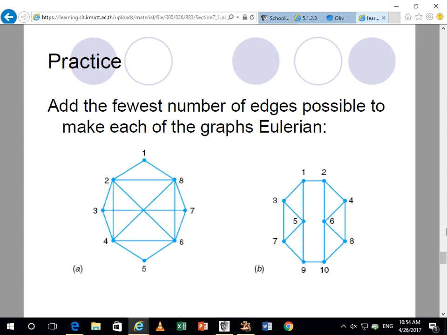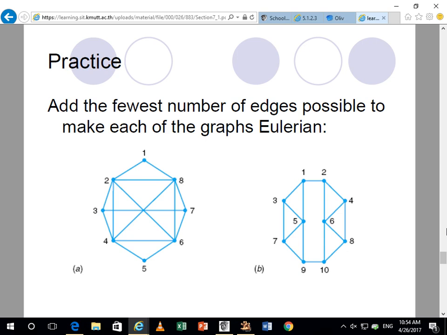I can add a single edge. I can introduce multiple edges. For example, that is actually an Euler circuit. So in this example, I added 1, 4. So this is what I did here.